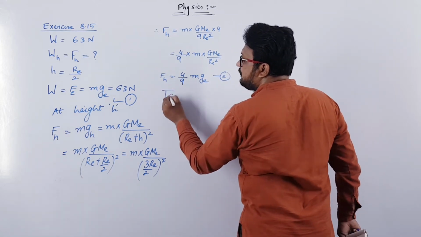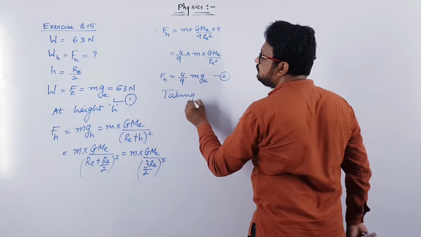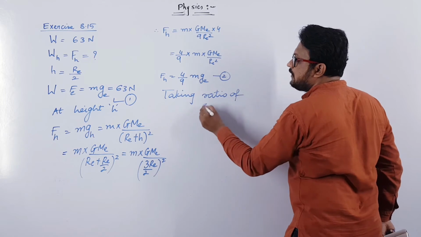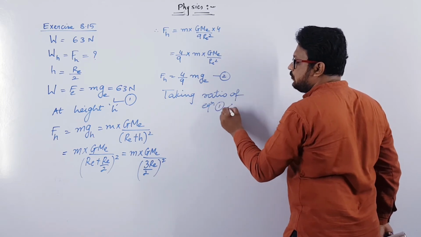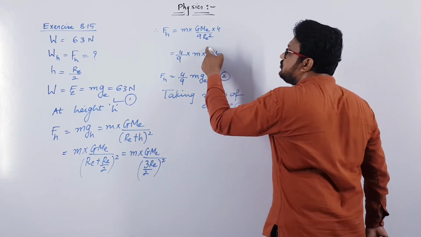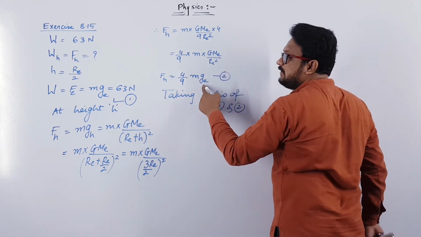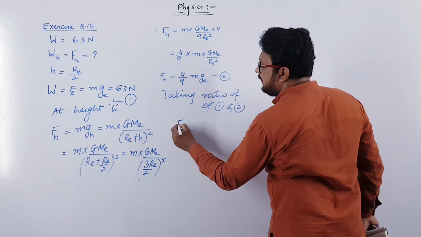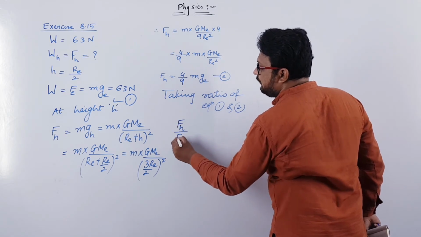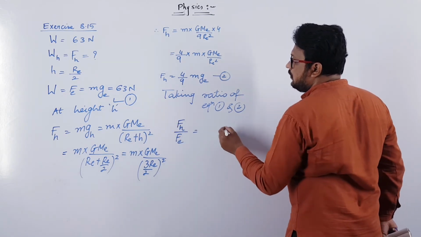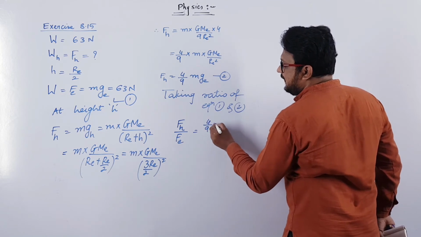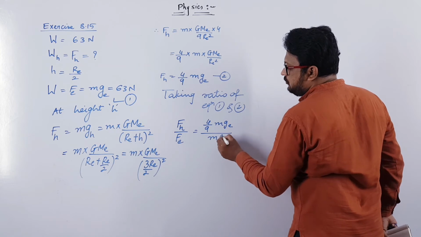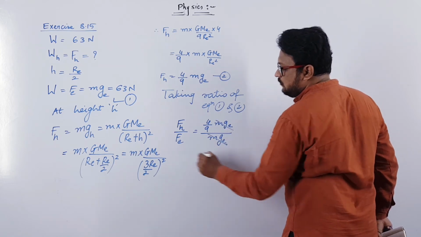Taking the ratio of equation 1 and 2. You should know that GMe upon Re square is nothing but ge. So if you take the ratio of equation 1 and 2, F of h over F_E will be equal to 4 by 9 times m ge over m into ge. So this term will get cancelled out.